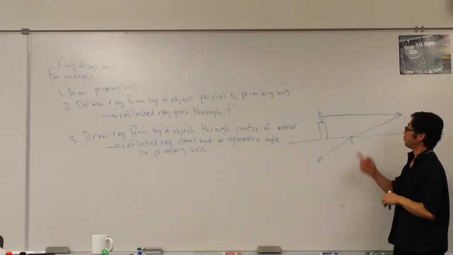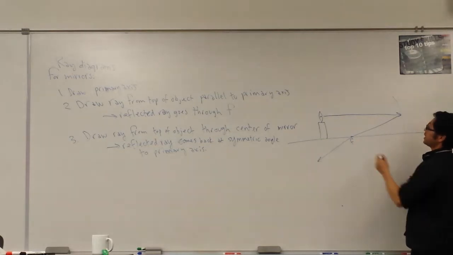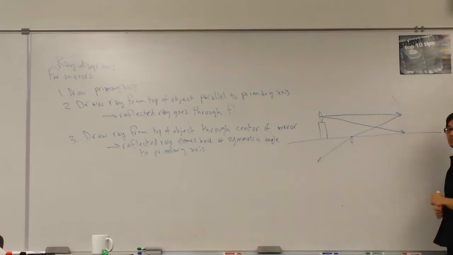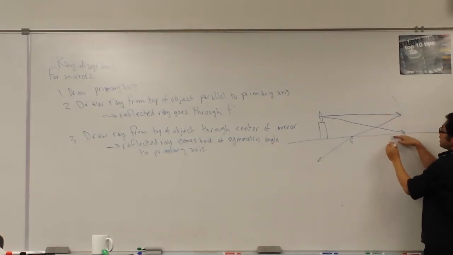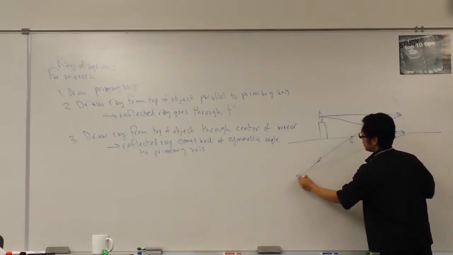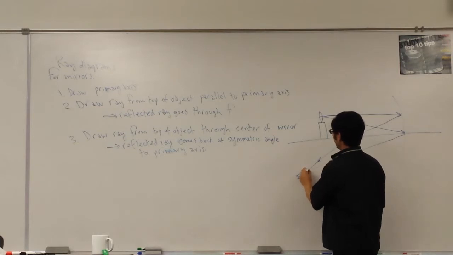Okay, so what does this step number 3 say? It says, draw it to the center of the mirror, and you know that it's going to come back at the exact same angle, backwards. And the image is formed right here.